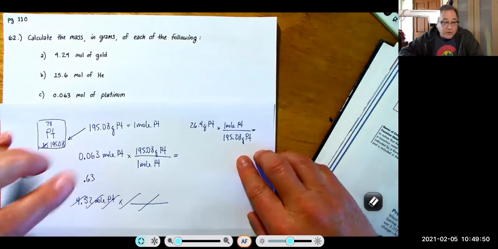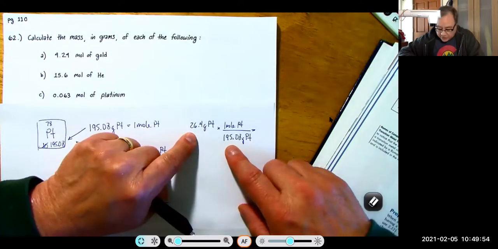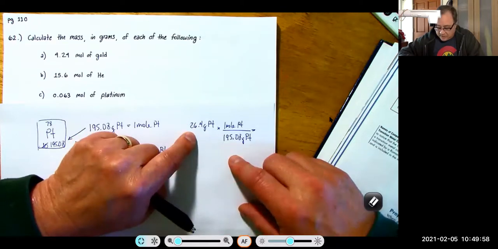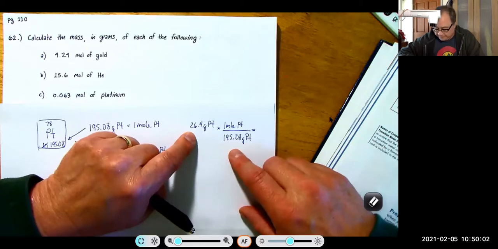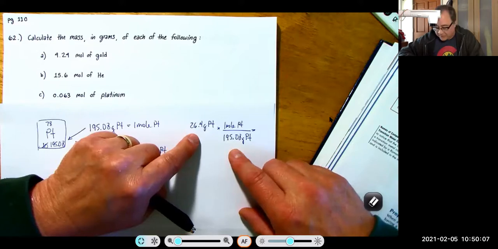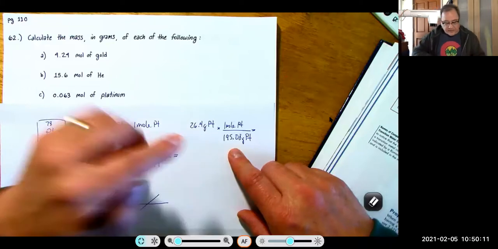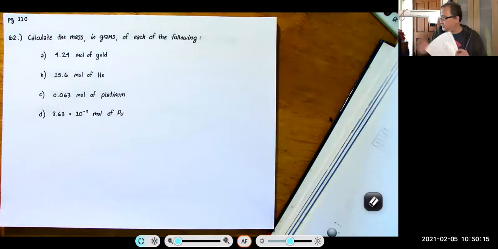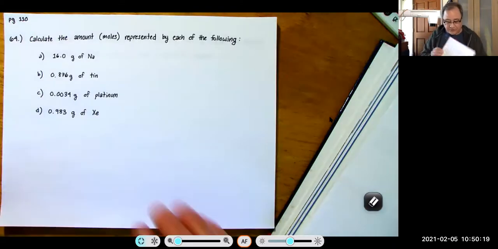Can everyone see that 24 will go into 195 about 8 times? So this is 1/8, which is about 0.12. Okay, so that's how you use molar mass. Any questions about molar mass? You want that to be second nature to you.